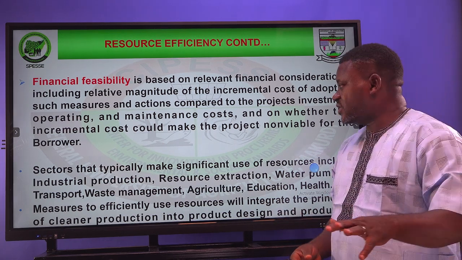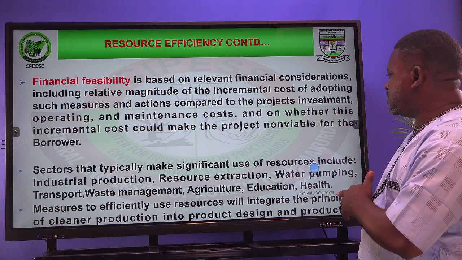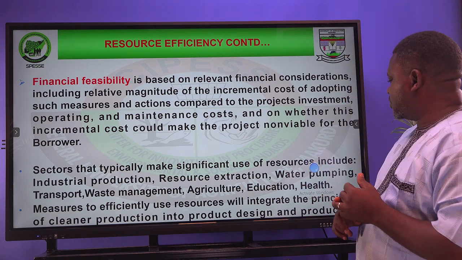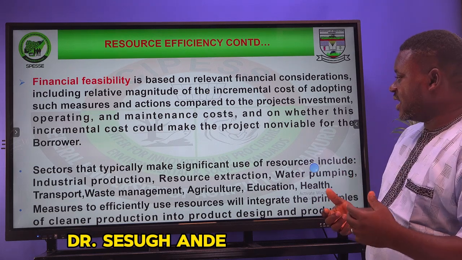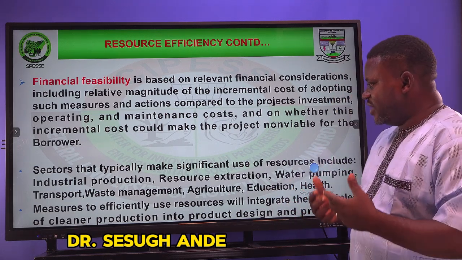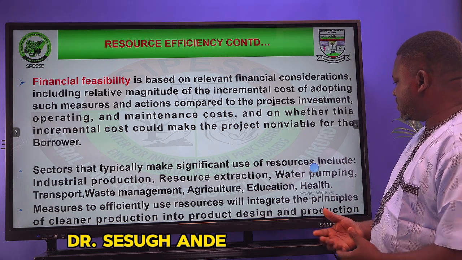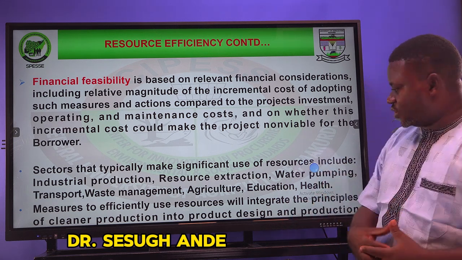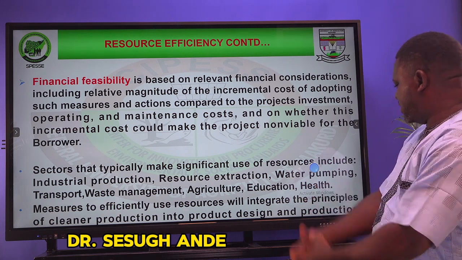Now, sectors that typically make significant use of resources include industrial production, resource extraction, water pumping, transport, agriculture, waste management, education, and health. Measures to efficiently use resources will integrate the principles of cleaner production into product design and production.